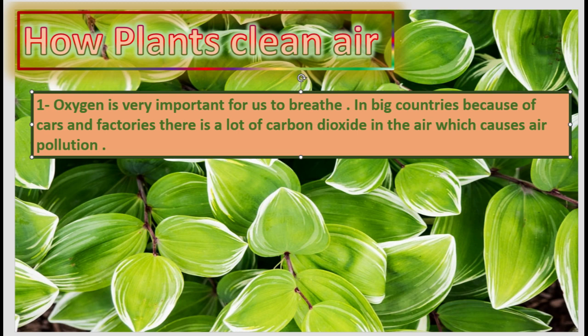When we plant these trees and flowers, it gives us what? It gives us oxygen. So what is the meaning of oxygen? Oxygen here is what we breathe in, okay?